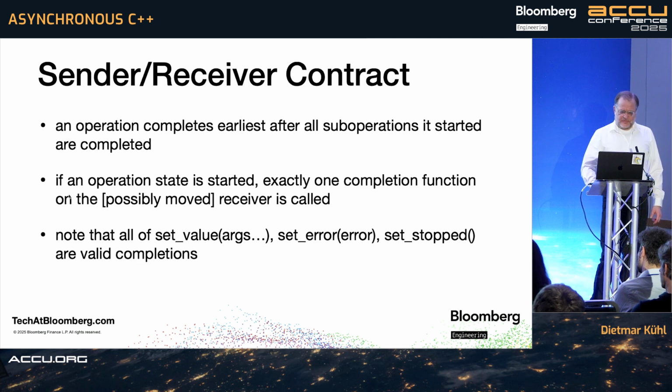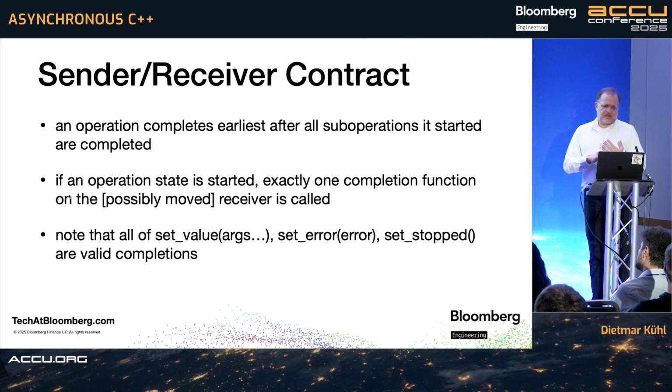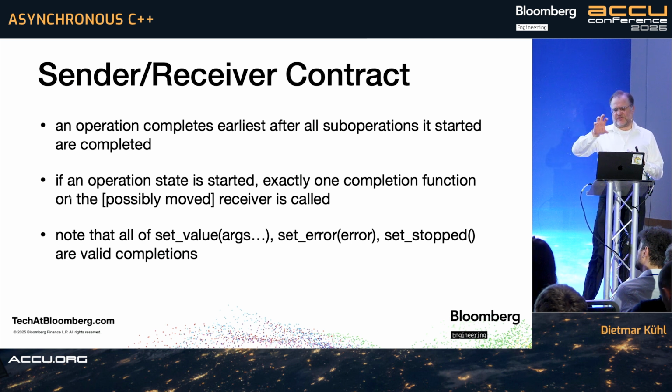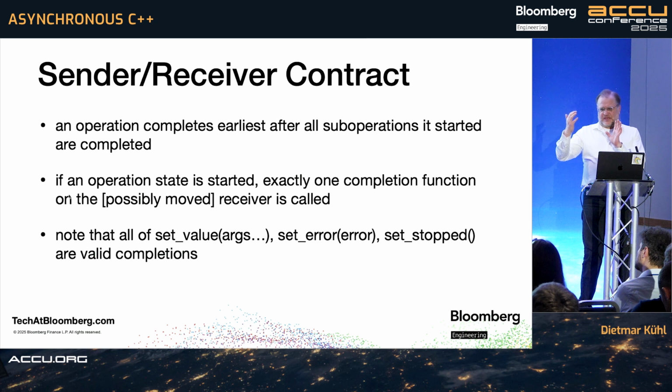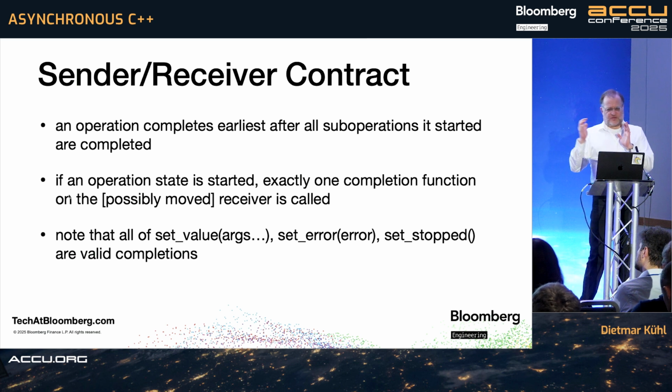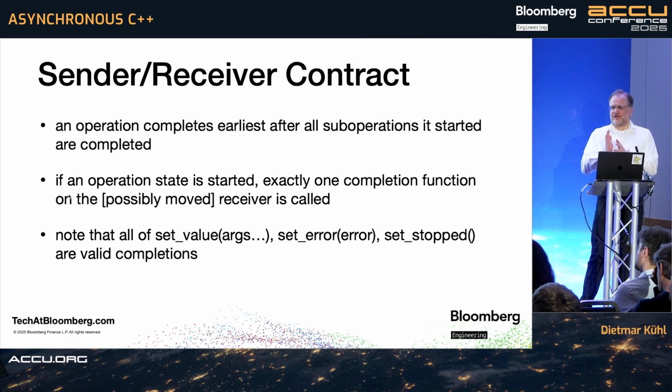Now I want to talk a little bit about the key sender-receiver contract. The basic idea is, if you have an operation and it completes, you know that all sub-operations this particular operation started have completed.